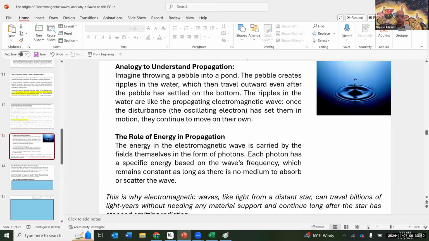So, and also I want to remind the fact that once the pebble drops on the lake, it goes to the bottom, but that doesn't prevent the wave from continuing to move, and that's similar to the electric charge.